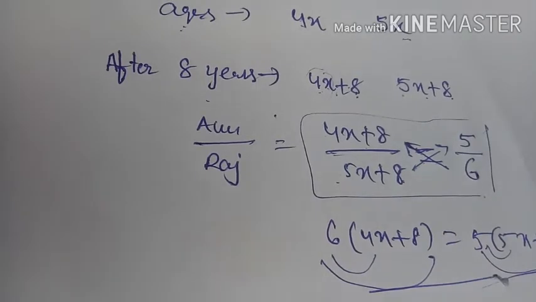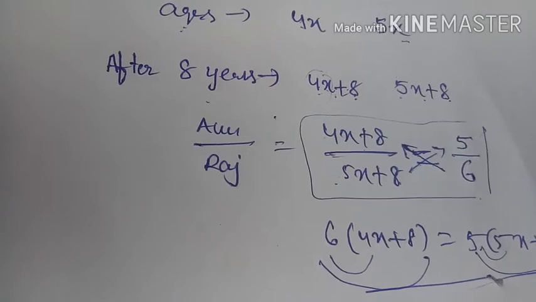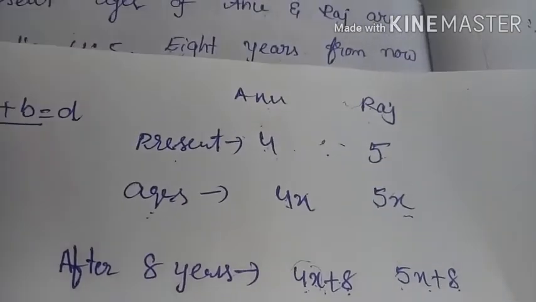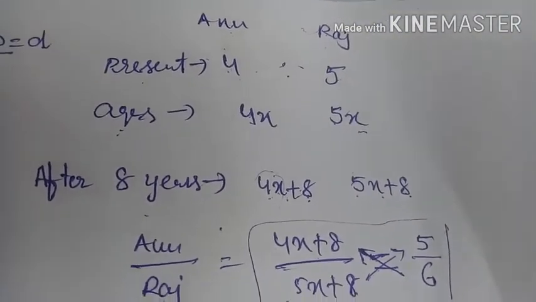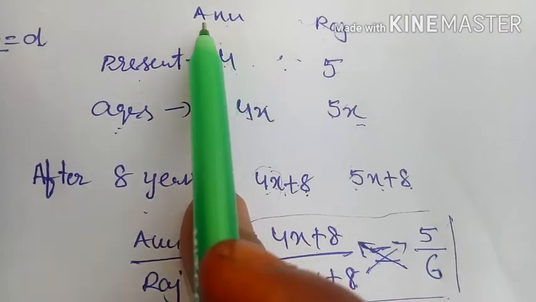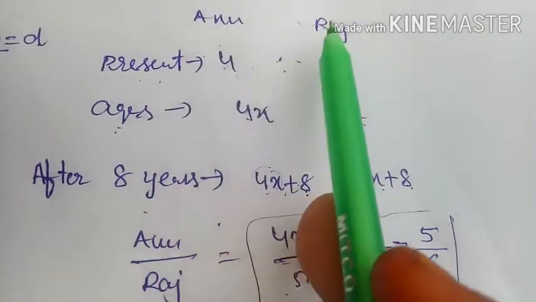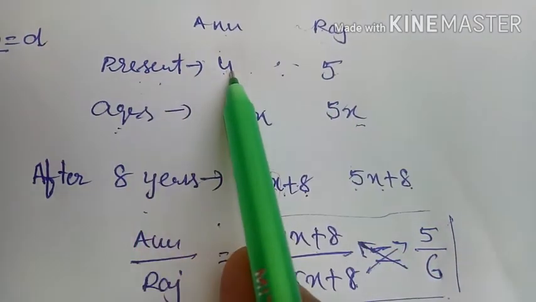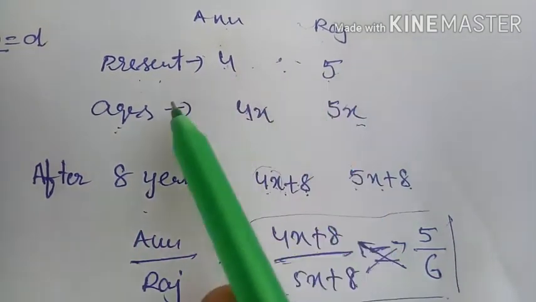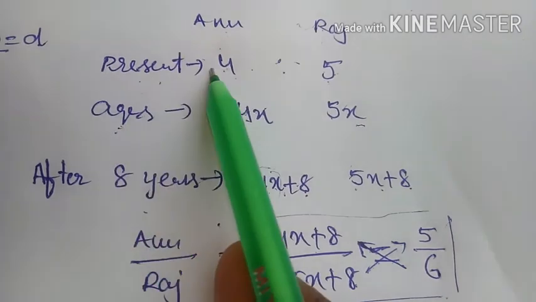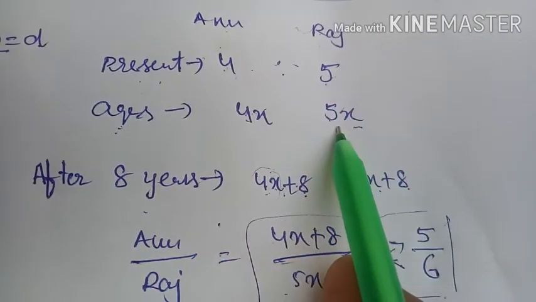What is x? Let's see how we will do it. Do you understand? Once more I will explain. Here the ratio of the present ages of Anu and Raj is given, 4:5, so the ages become 4x and 5x.